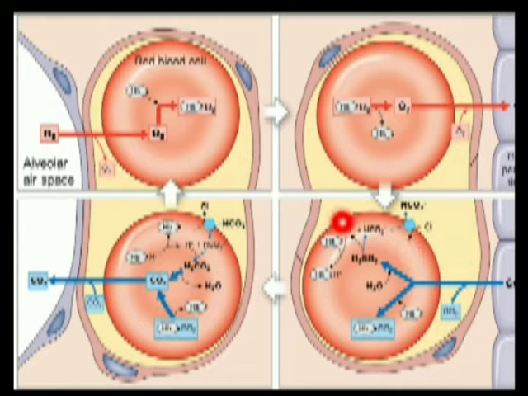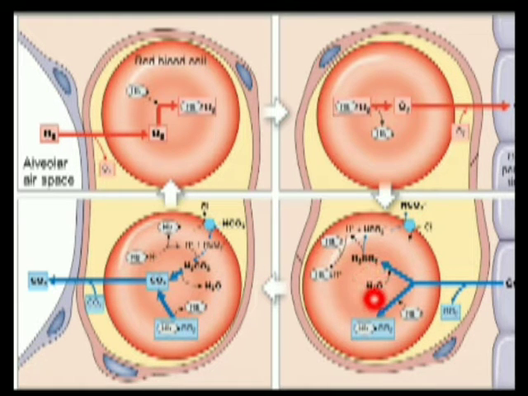In the membrane of the RBC there is an antiporter which allows the bicarbonate ion to pass out from the RBC and allows the chloride ion to enter into the RBC, and this event is known as the chloride shift. On the other hand, when the hydrogen ion binds with the hemoglobin, it promotes the release of oxygen from the RBC into the plasma.